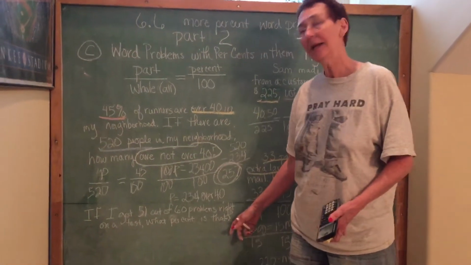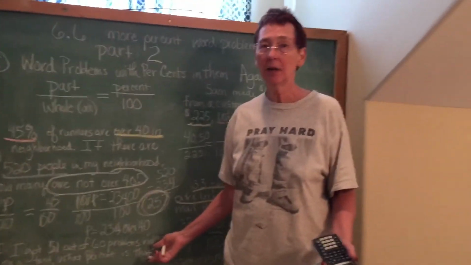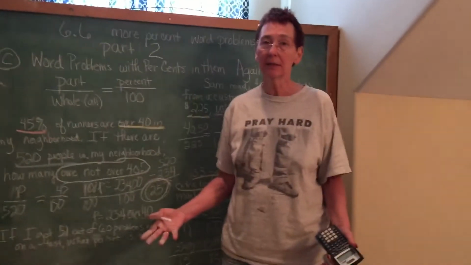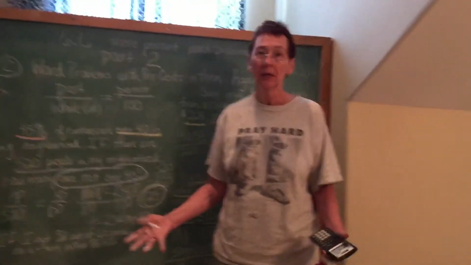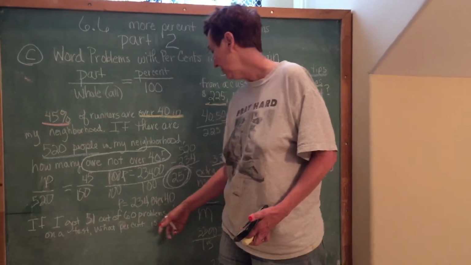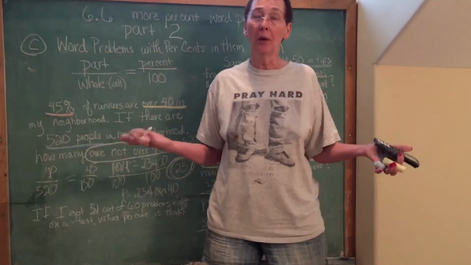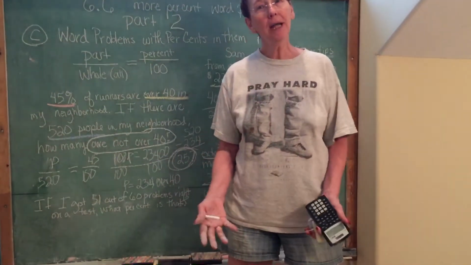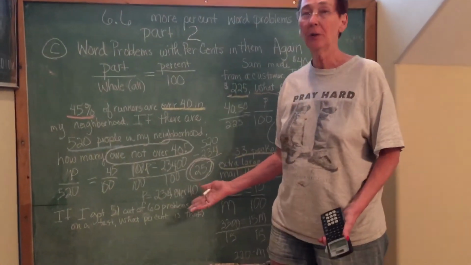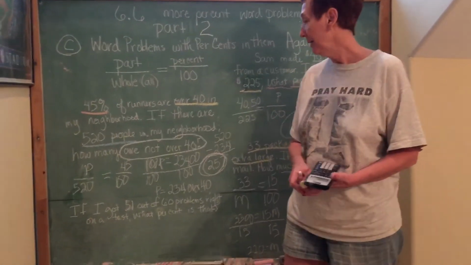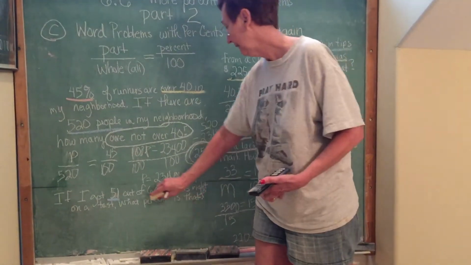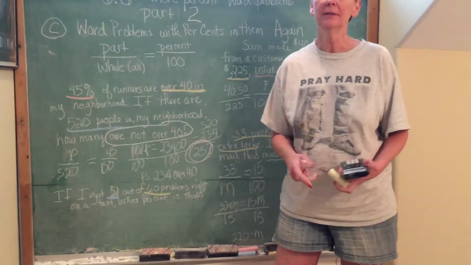And then our last example, this is one y'all ask me about all the time in class. Not every test that we have has exactly 100 problems. So let's say in this test, I got 51 out of 60 problems right, and I want to know what my grade is. In this question, I don't know the percent, but I know that I got 51 right and that there were 60 problems on the test.